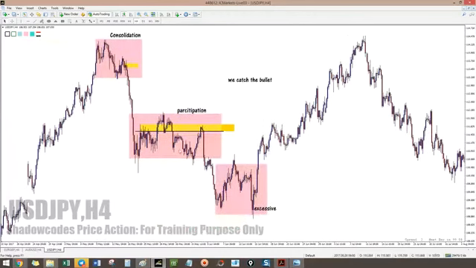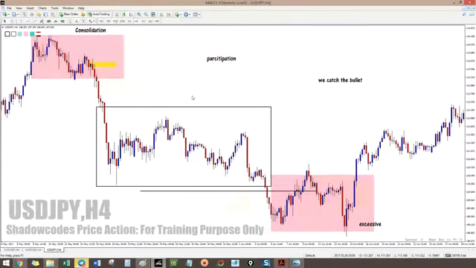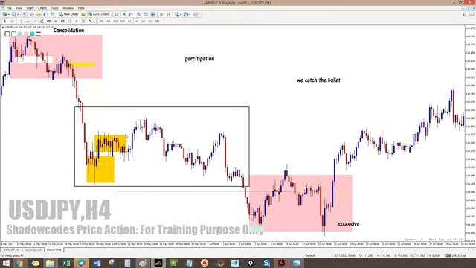If you're entering on this QM on a lower time frame, it will look something like this. Okay, let's focus on this one only. So we have phase one, phase two, and phase three.